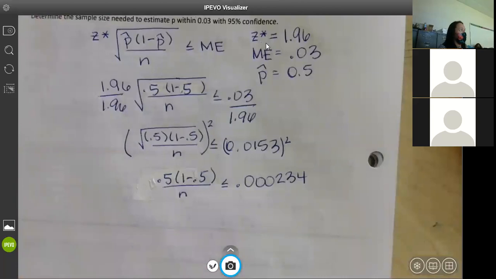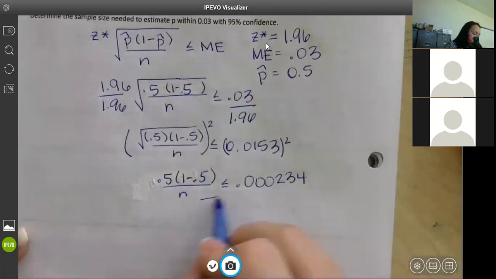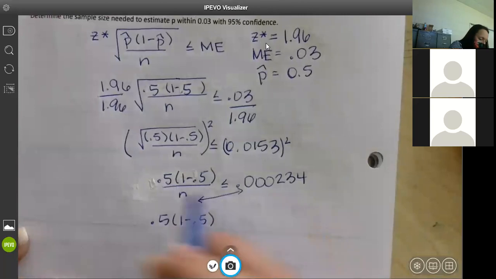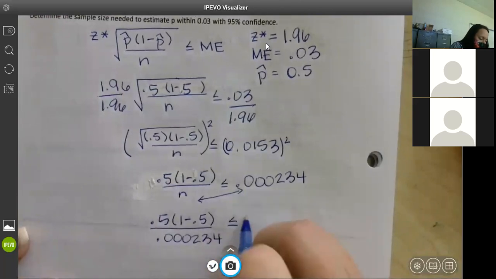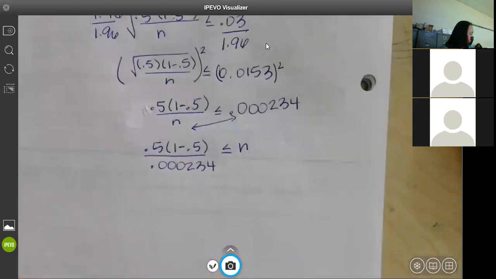Here's a little cheater method that you guys can do anytime your variable is on the bottom. Switch it with the other side. So 0.5, 1 minus 0.5. Now it's going to be over 0.000234, less than or equal to n. And then you can just put that in your calculator.